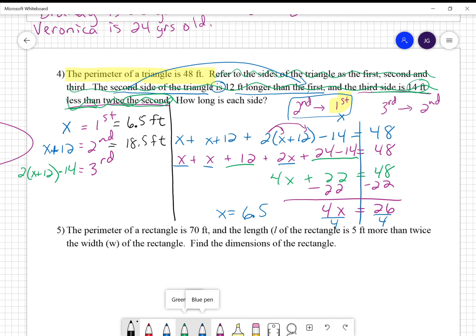Third side's going to be a little bit trickier. 2 times, well, x plus 12 is 18.5. 2 times 18.5 is 37 minus 14. The third side is 23 feet.